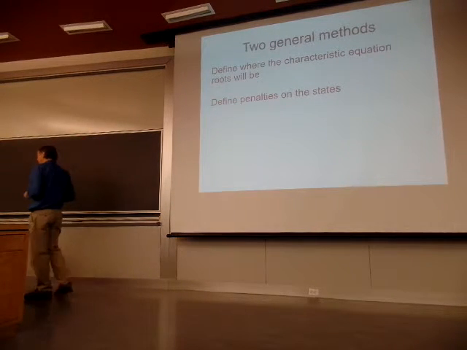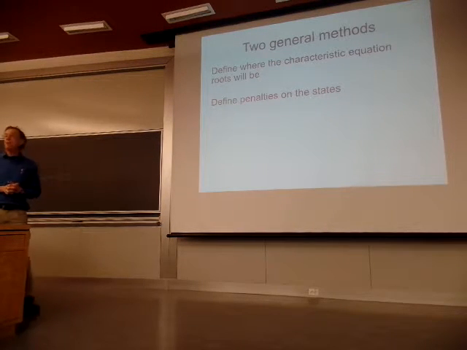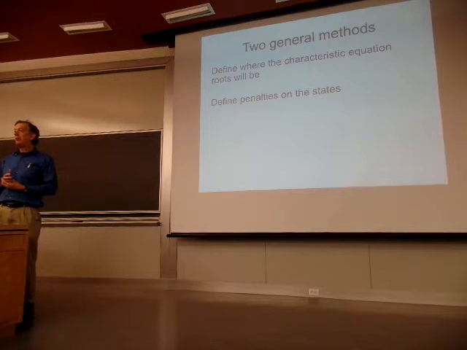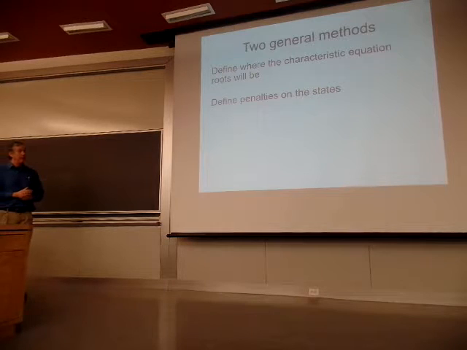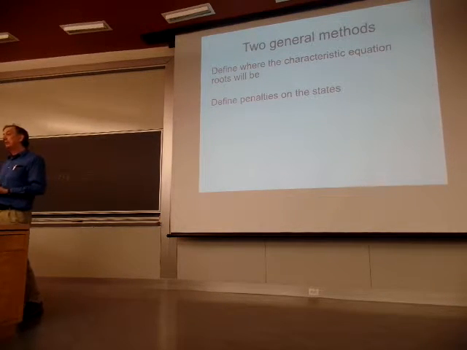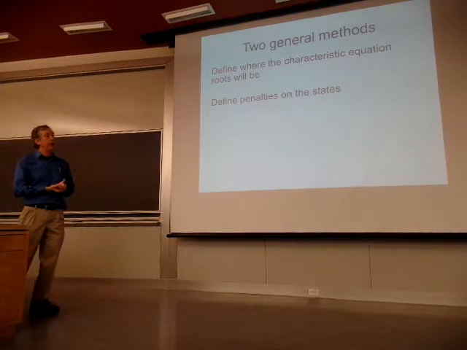Example of that. One of the states might be a position, so I want to minimize deviation from that desired position. A state might involve energy, so I might want to minimize how much energy is spent.